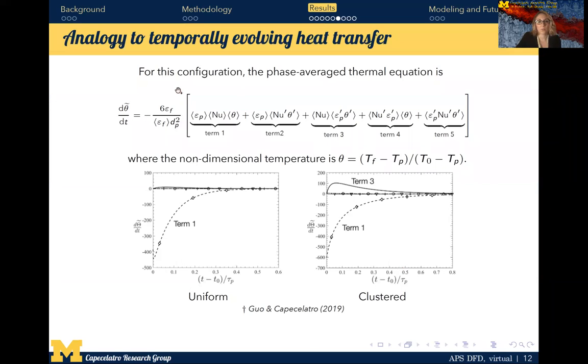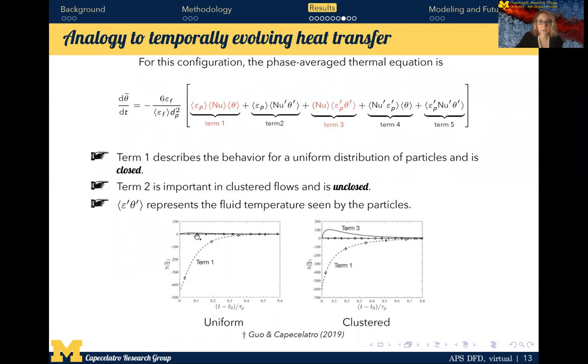So for the temporally evolving heat transfer, the phase averaged thermal equation is shown here with 5 terms. And the non-dimensional temperature theta is defined like this. So if we compare the uniform case with a clustered case, you can see that term 1 describes the behavior of the uniform distribution of particles, and it is closed because it consists all of mean quantities.